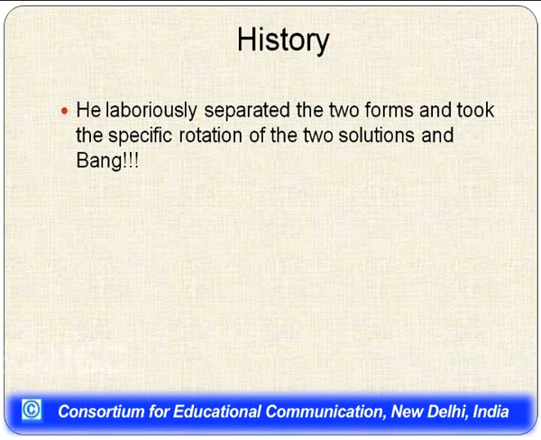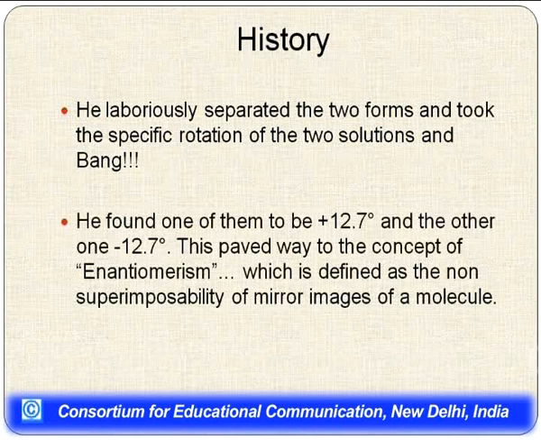Obviously, because we have talked about concentration, they were equimolar solutions of the same concentration, and bang, what he found was that one of them was rotating towards the right with an angle of 12.7 degrees, and the other one was rotating towards the left, that is levorotatory, with the same angle, 12.7 degrees. So what does this mean? This meant that the two isomers which were present in the system were not available to him in a proper manner.